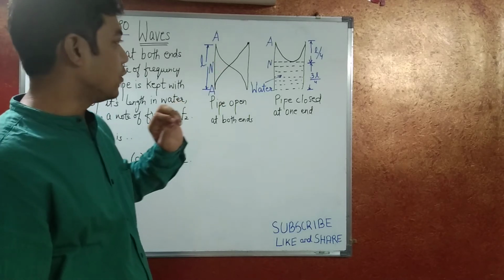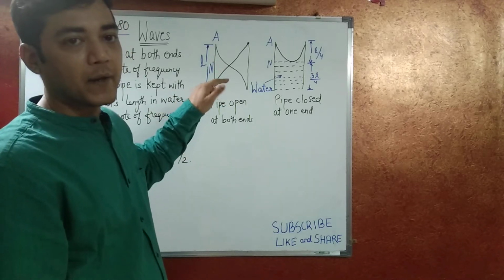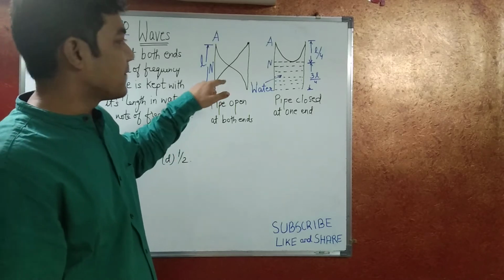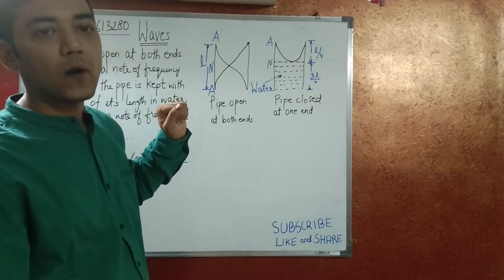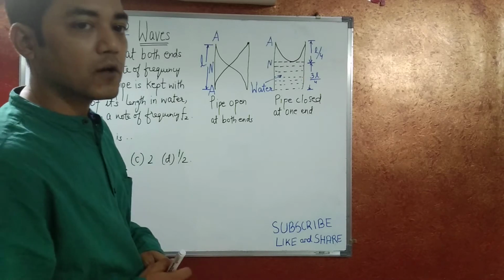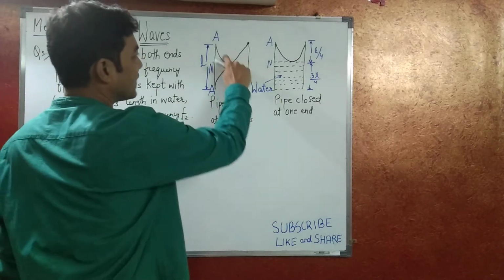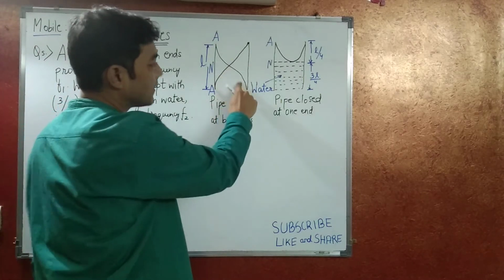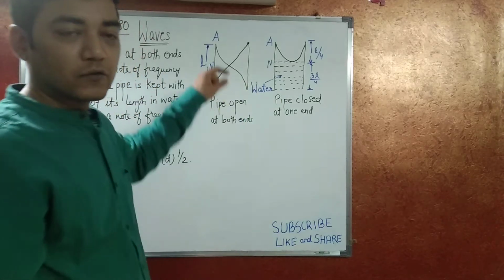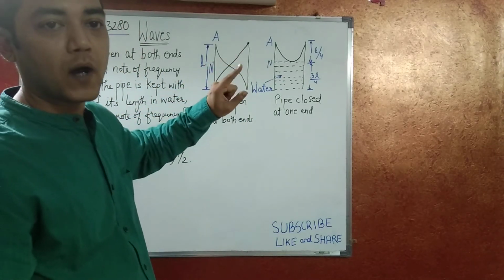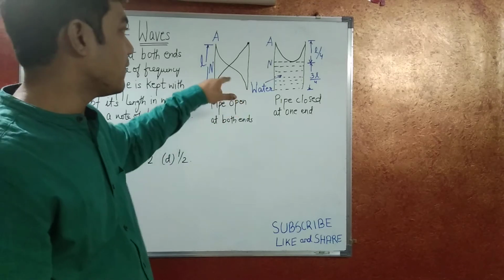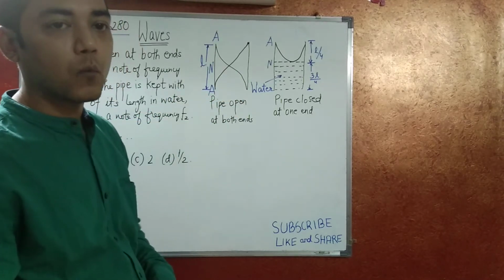So if it is the fundamental mode of vibration, then n will be equal to 1. What is n? n is your number of loops. There is this one half loop and this second half loop. So if I add half plus half, it becomes 1. So here the value of n will be 1.